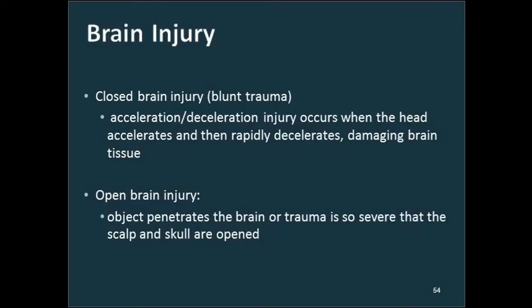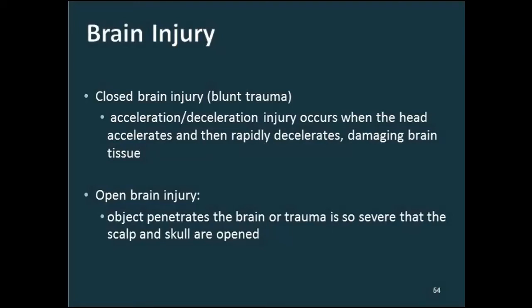Typically, it's an acceleration or deceleration injury, also known as coup contrecoup, meaning that there is an injury because the patient is in a car, moving at a very rapid rate of speed, and there is a sudden deceleration, okay?